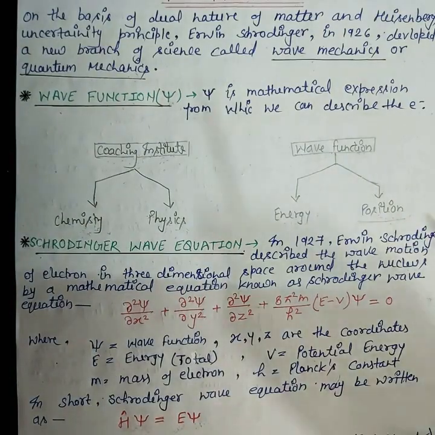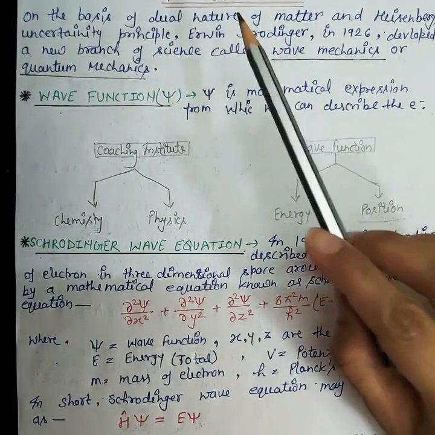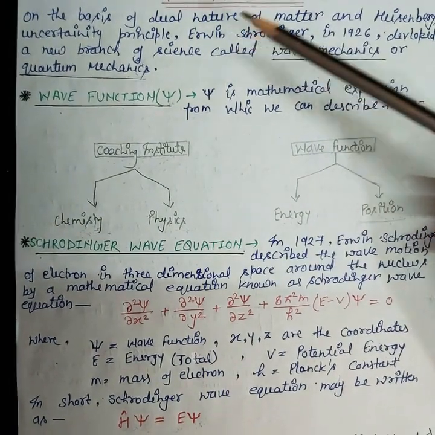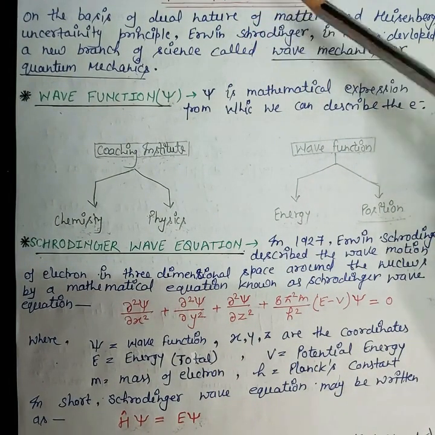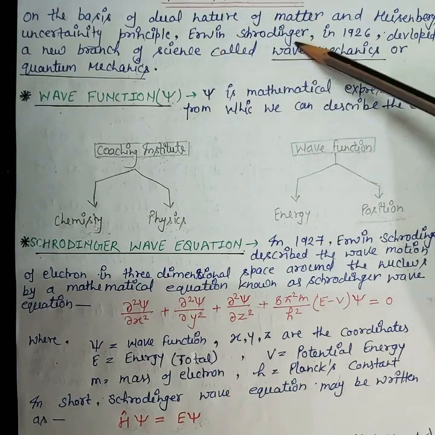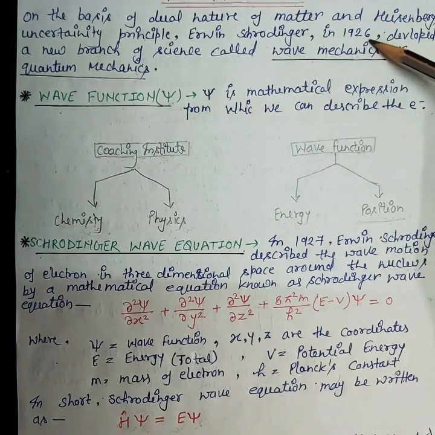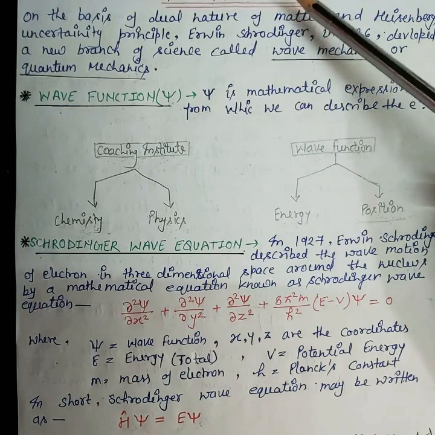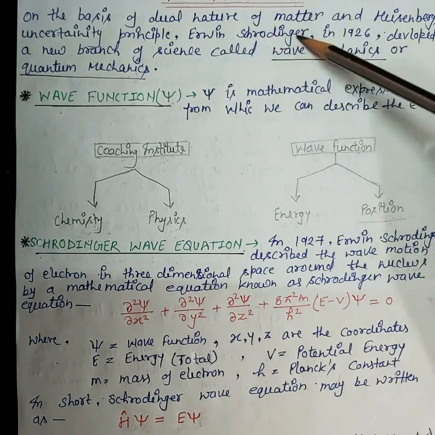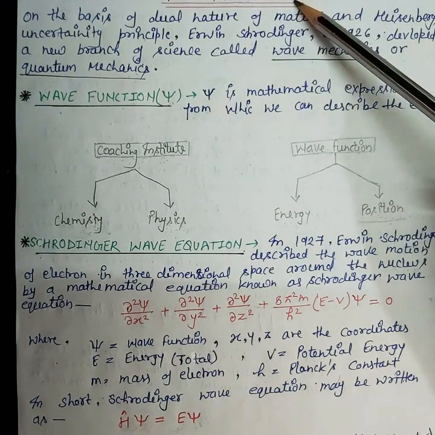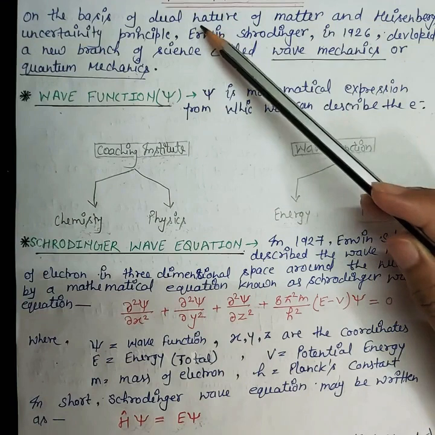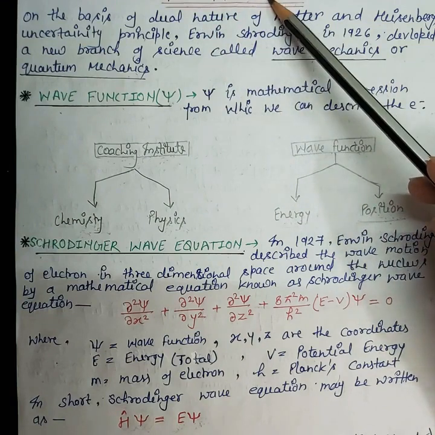Our first term is wave mechanics. So what is wave mechanics? Wave mechanics is a branch of science which was developed by Erwin Schrödinger in 1926. The base of the development of this branch was the dual nature of matter and Heisenberg's uncertainty principle.